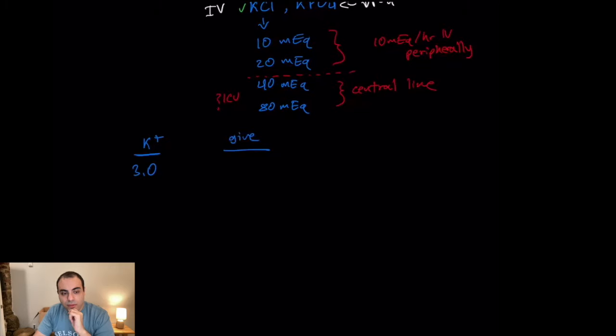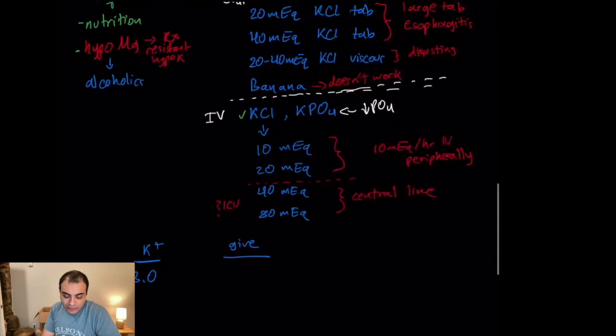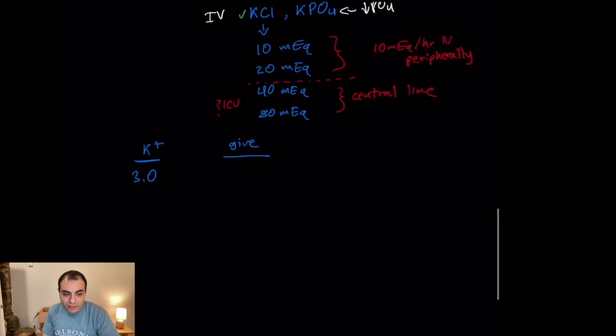What do you think? IV, PO? Can you combine IV and PO? If there's no ECG changes, I would give like 1/3 IV, 2/3 oral. Okay, so you don't really care a lot about EKG changes in hypokalemia, unless it's very severe hypokalemia. But in general, you can combine.